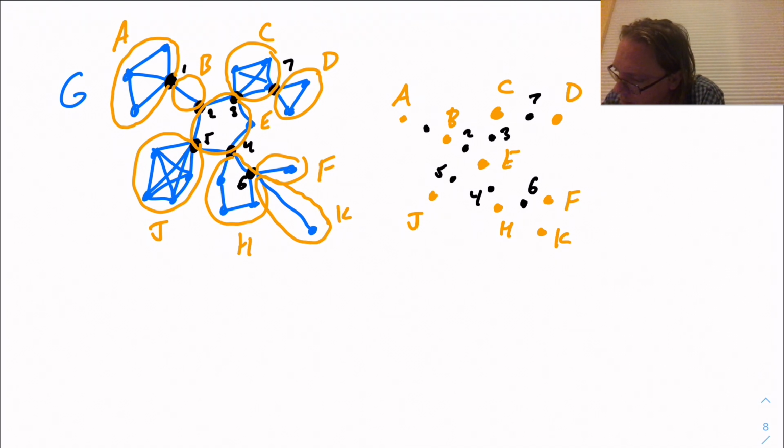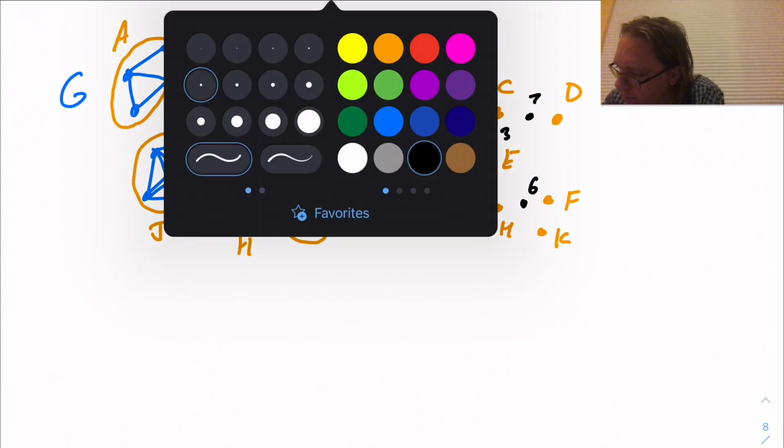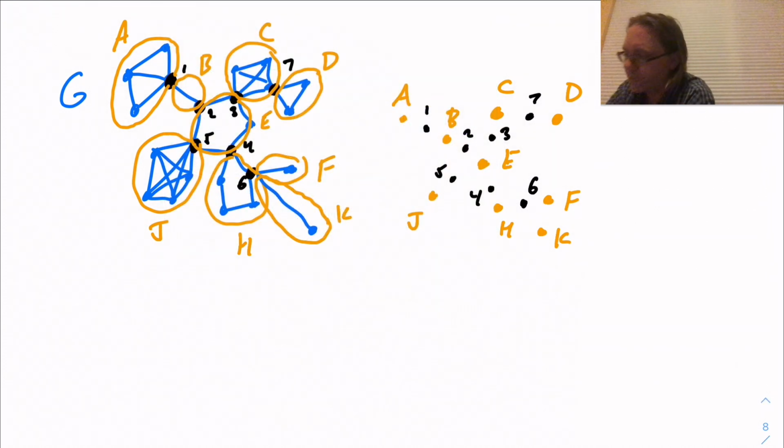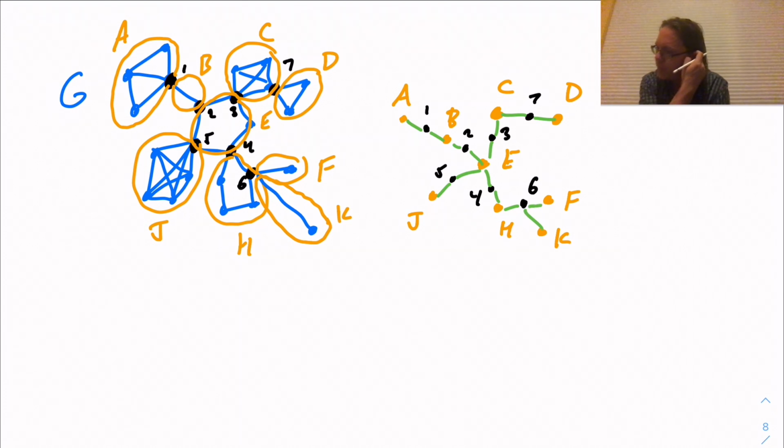Anyway, this is what it is. I'm now going to draw in the graph. There's the graph.